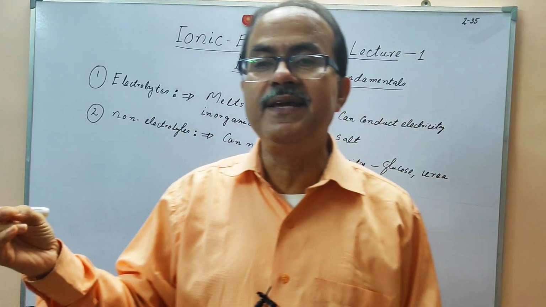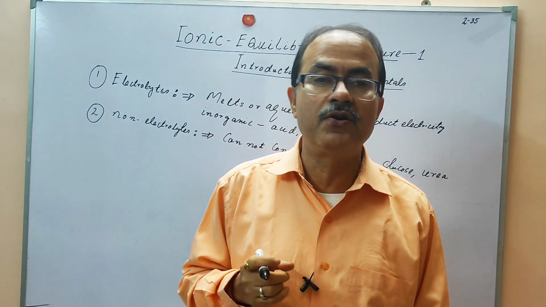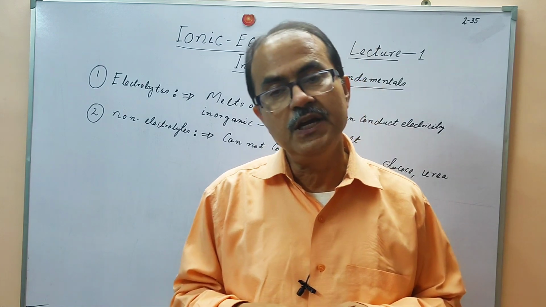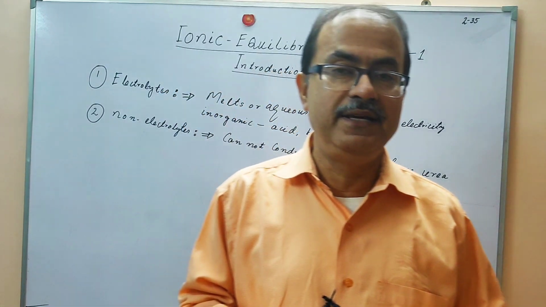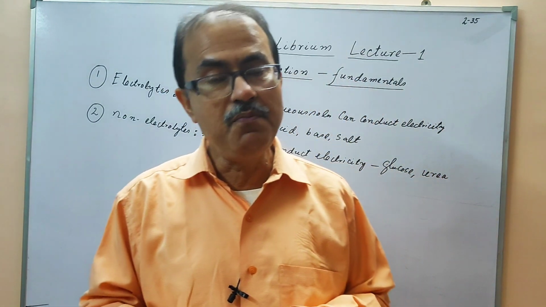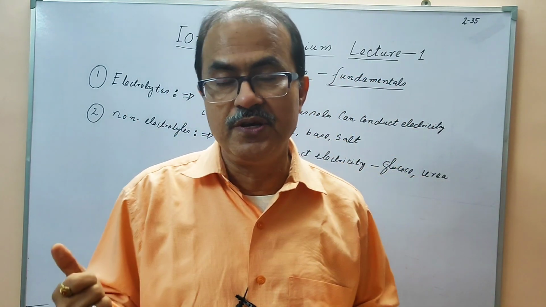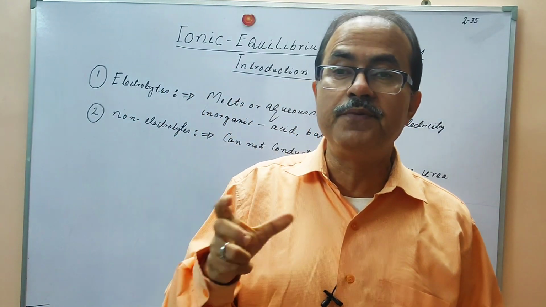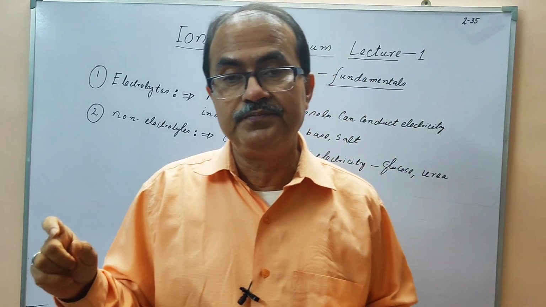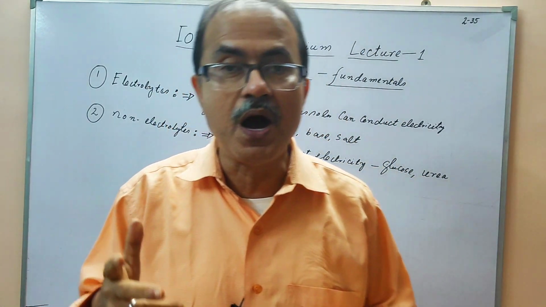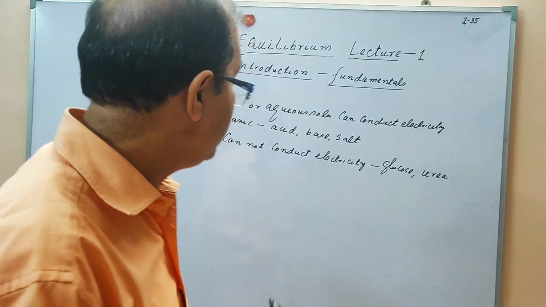Another variety is weak electrolytes, which are not dissociated or ionized completely into their constituents. Some of the molecules remain unionized, and they establish an equilibrium between the unionized and the ionized molecules.